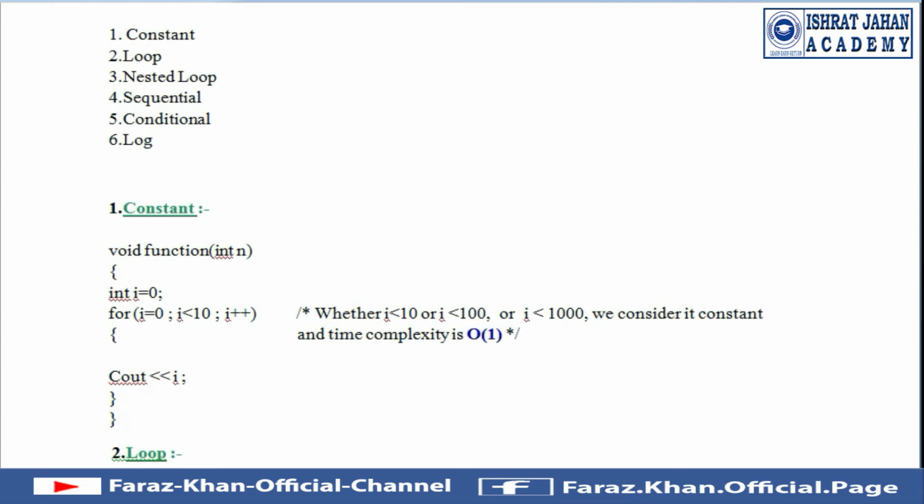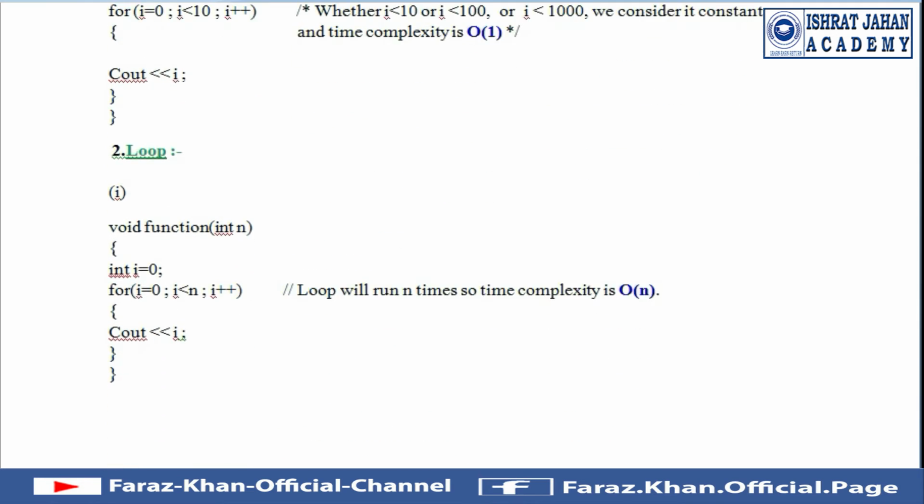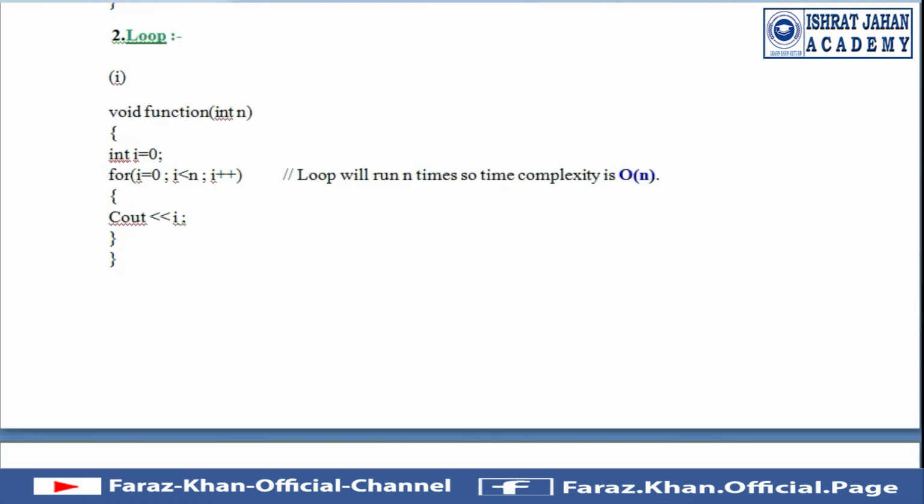Let's move on. Here we have a loop. In the above code, I have initialized a for loop with 0 and the iteration would be n. You can see that it will take n iterations and I have used a simple increment operator.